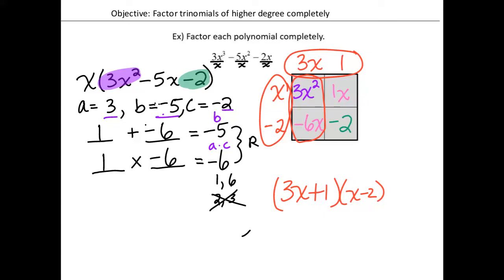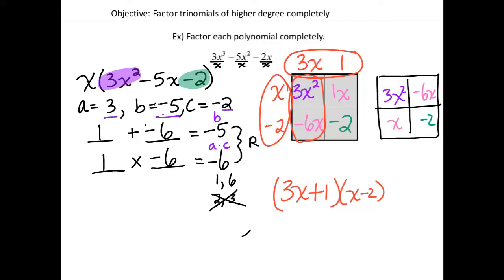I wanted to show you really quick that if you do the 1x and the negative 6x on opposite boxes, you still get the same answer. So if I still set this up as a 3x squared and a negative 2, and if I switch this to negative 6x and an x, you'll get the same answer. You'll just start off with a different GCF.